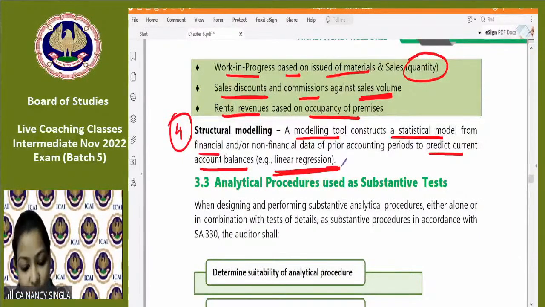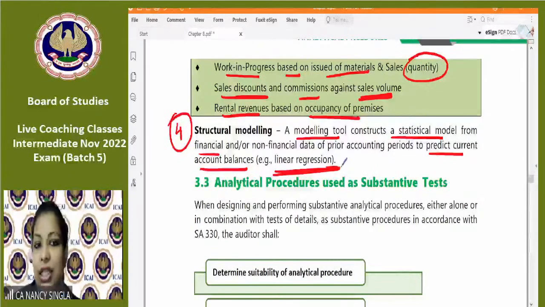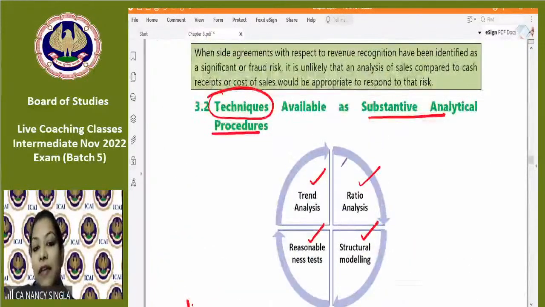For the purpose of this chapter, you just need to know that structural modeling is where the financial data and non-financial data of prior accounting periods are used to predict the current year balance. Example, linear regression. Okay? So with this, we have covered the 4 techniques available as substantive analytical procedures.